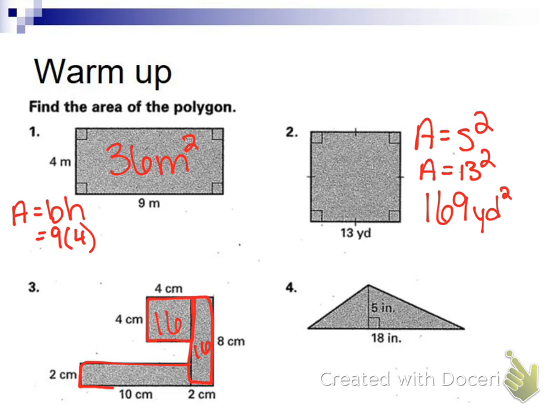Who can help me out with my last rectangle at the bottom? Angel? 10 times 2 gives me 20 centimeters squared. So when I add them all up, what do I get? 52 centimeters squared. Questions about 3?